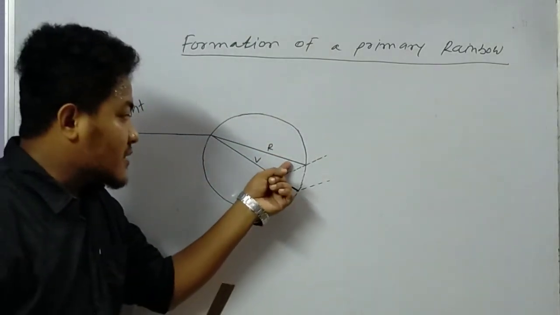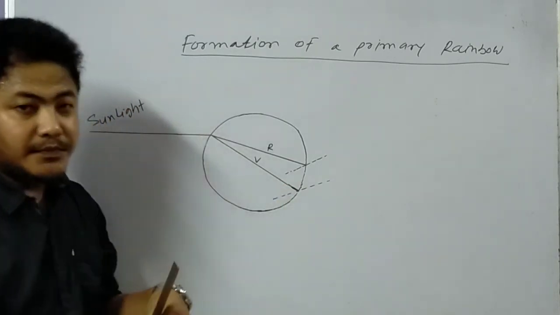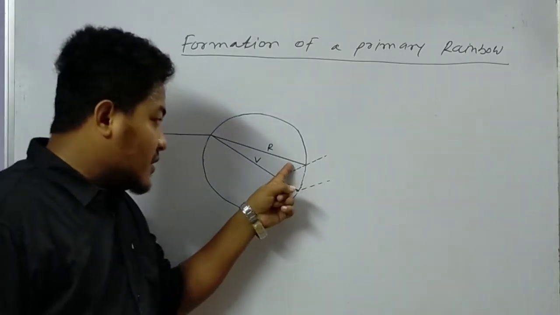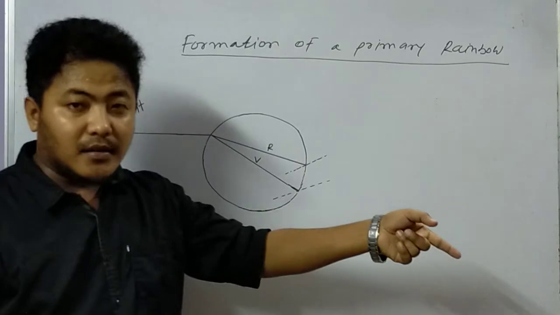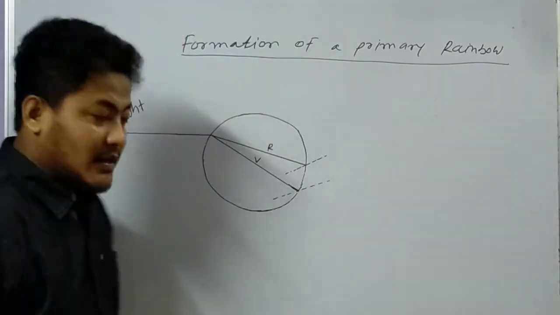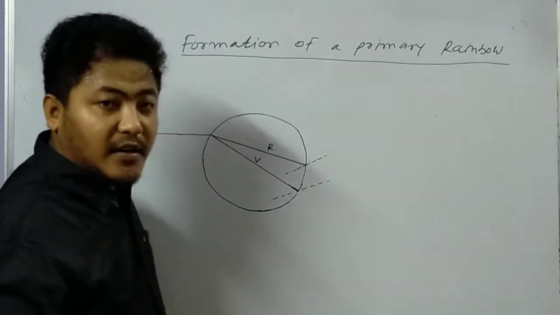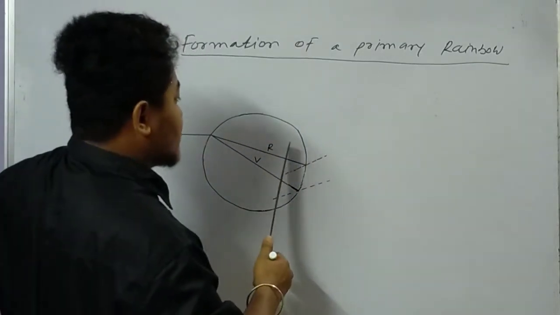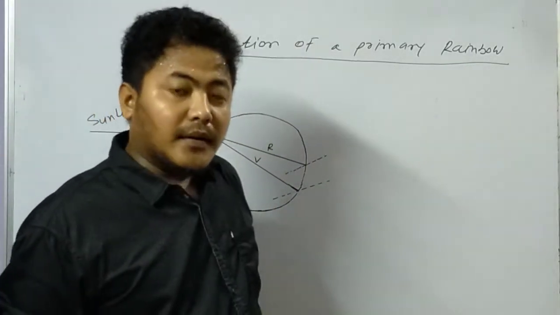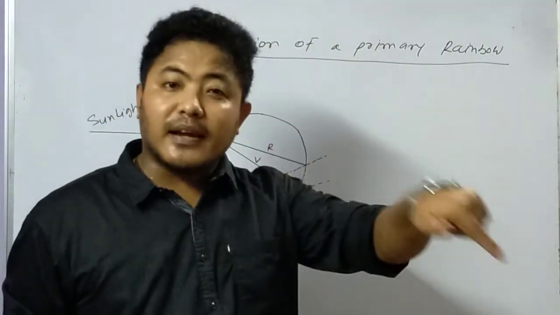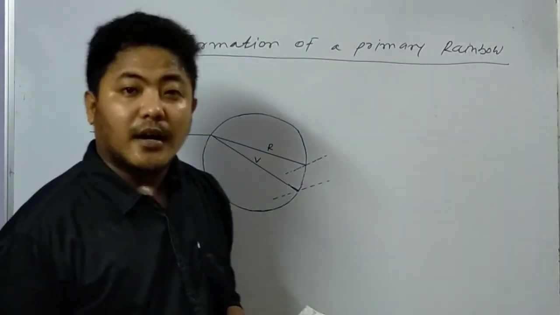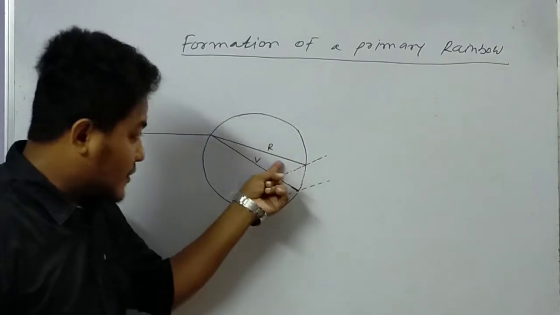Now this is the angle of incidence, this is the angle of incidence. If this angle of incidence becomes greater than the critical angle of these two media, then it will get reflected. That we call total internal reflection at this point.